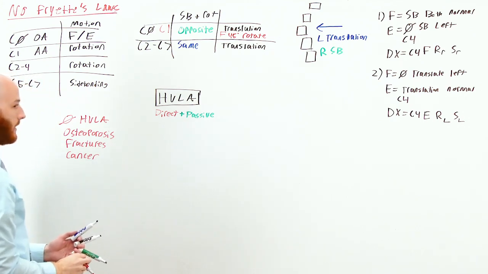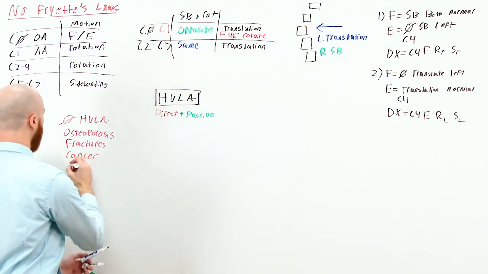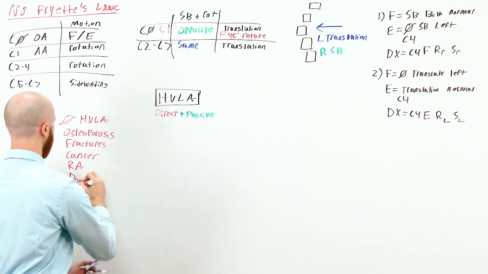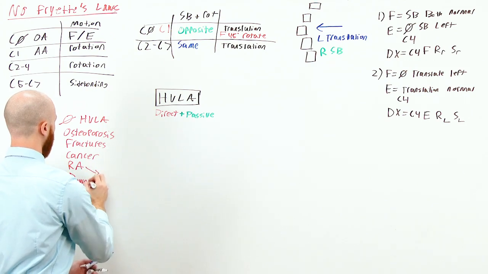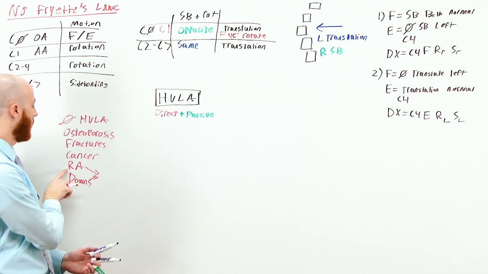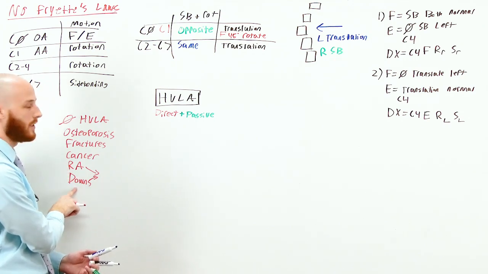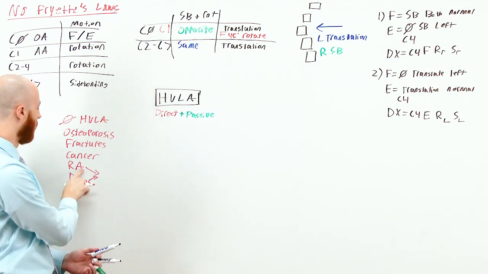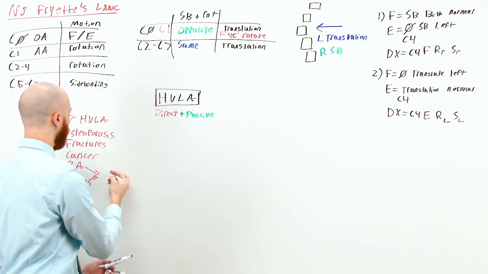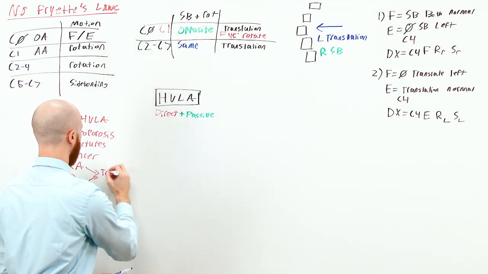So what are some other contraindications? Rheumatoid arthritis and Down syndrome. So a contraindication to rheumatoid and Downs is going to be the same thing. For both of these diagnoses, you have an unstable transverse ligament.